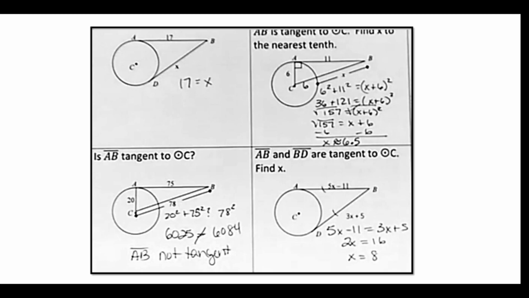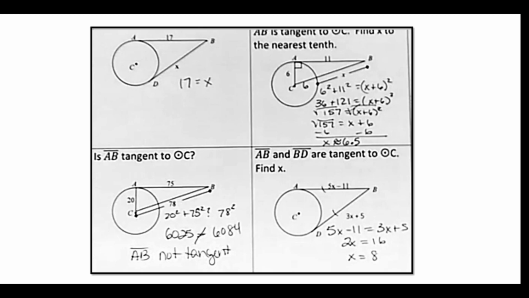Simplifying, 36 plus 121 is equal to the square of the quantity x plus 6. Taking the square root of both sides, the square root of 157 is equal to x plus 6. And simplifying, subtracting 6 from both sides, we have x is approximately equal to 6.5.